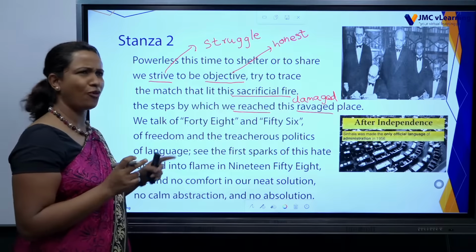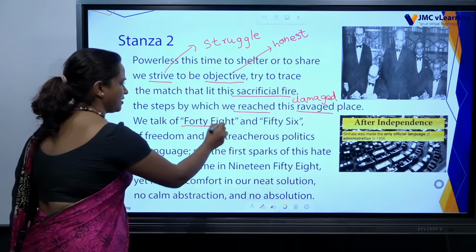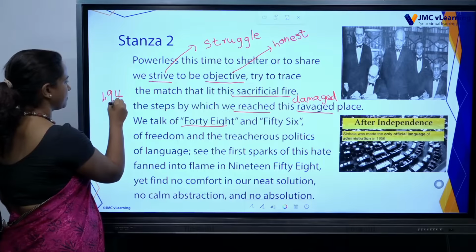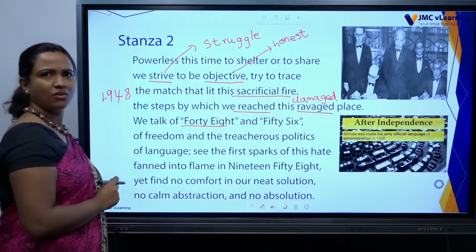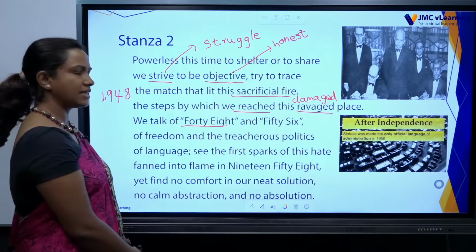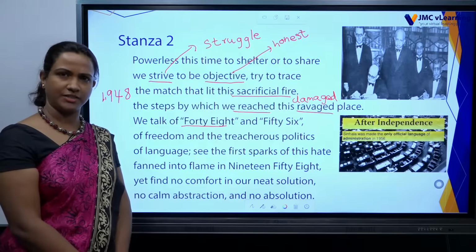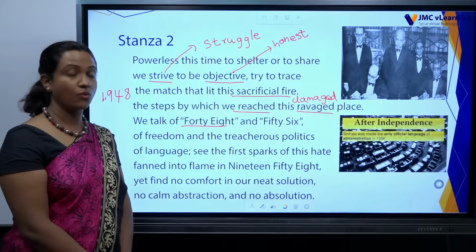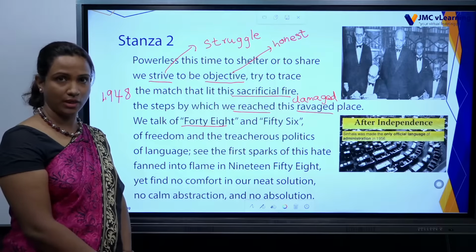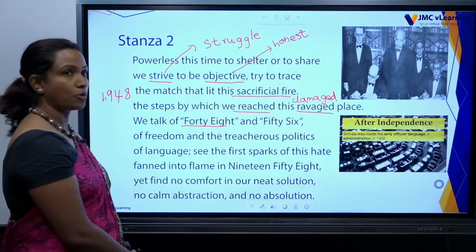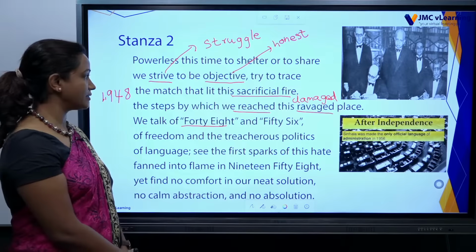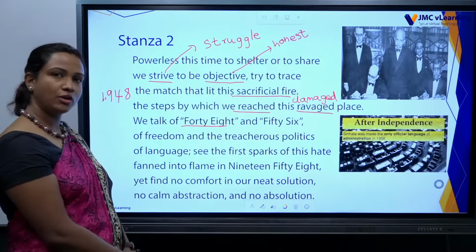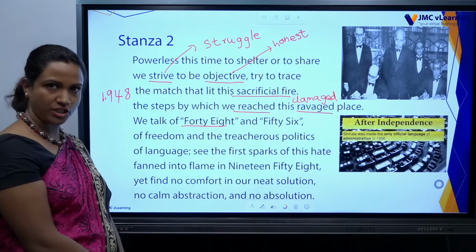We talk of 48. 1948. What is so significant in 1948? Yes, we got the independence. The British were ruling. Not only the British, the Portuguese and Dutch people were all ruling our country. And finally, we got the independence in 1948.